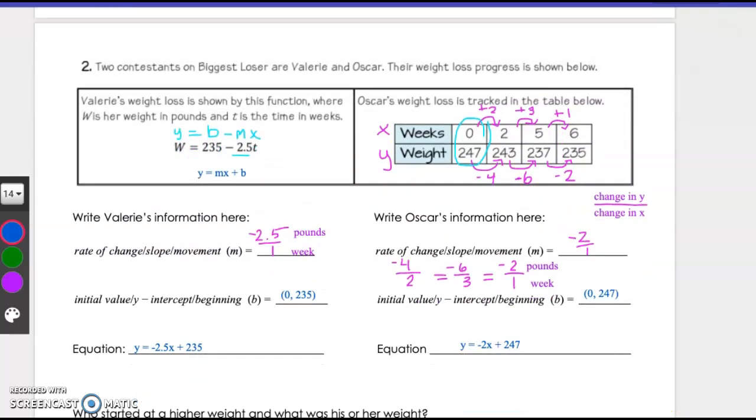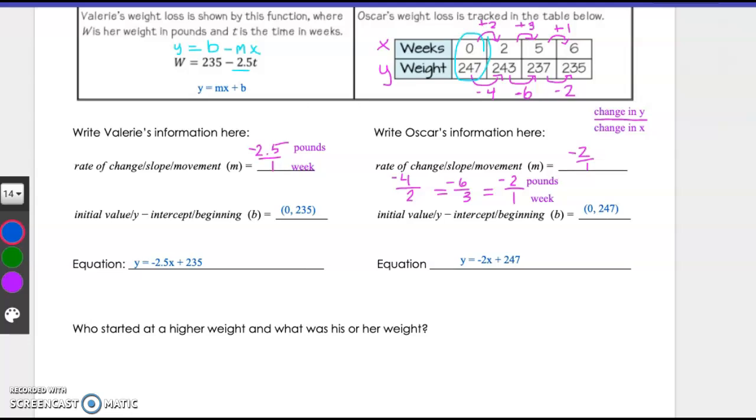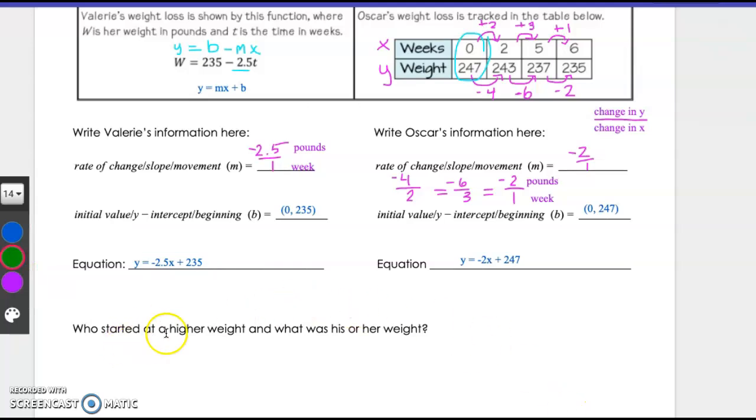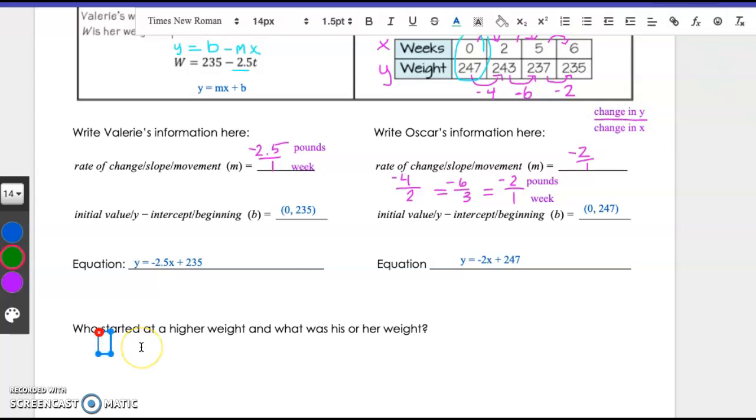Awesome. Let's scroll down and take a look at two quick comparison questions. First question, who started at a higher weight, with more weight, and what was his or her weight? This should be pretty straightforward for you. Started means we're looking at the beginning.